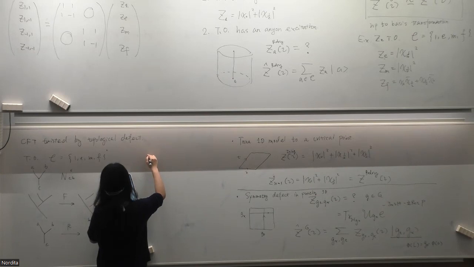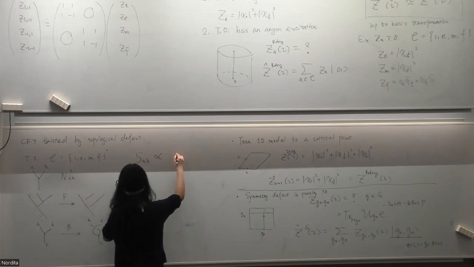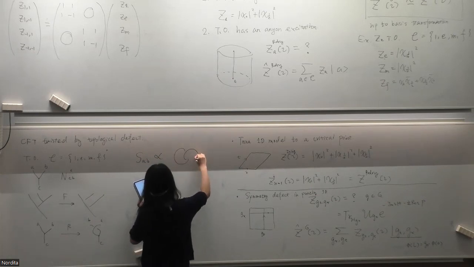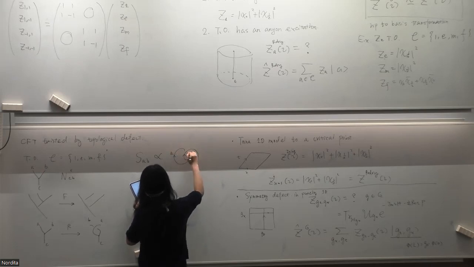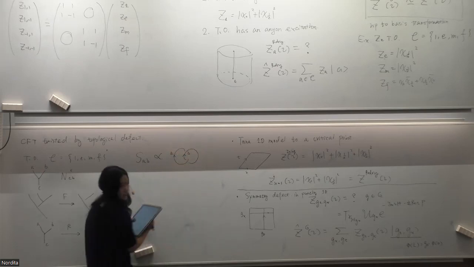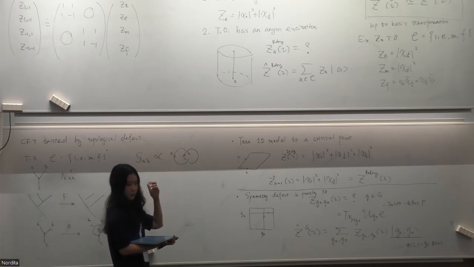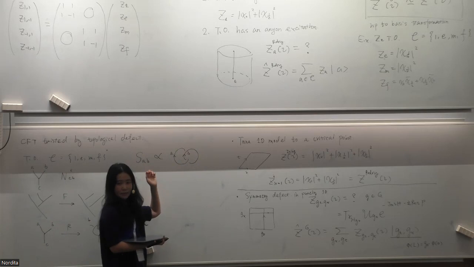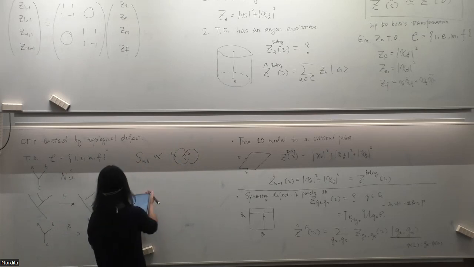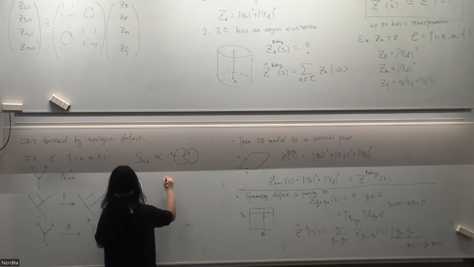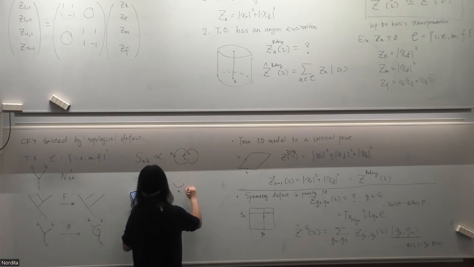That's these two pieces of data about the statistics of anyons. Two anyons, we can create them in pairs and move one around the other twice in this way. That tells you the mutual statistics between the two anyons. We call this the S symbol. You can also just create a pair of the same kind and braid one around the other.